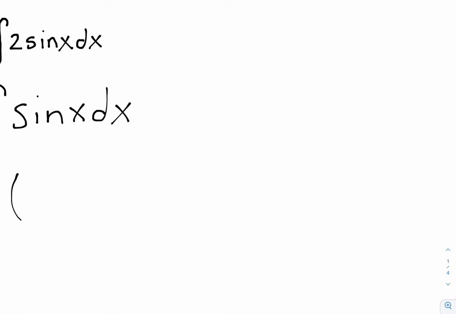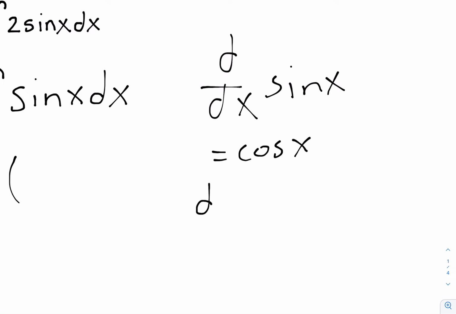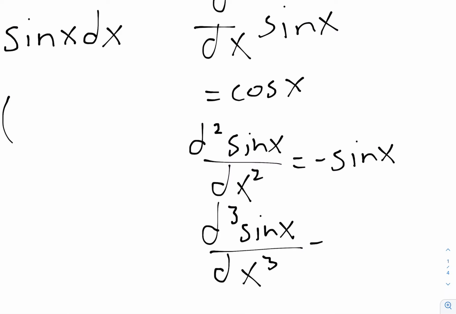Okay, we know that the derivative of sine x is cos x. We know the derivative of cos x, in other words the second derivative, d squared sine x over dx squared, is negative sine x, and the third derivative of sine x, over dx cubed, is going to be negative cos x.